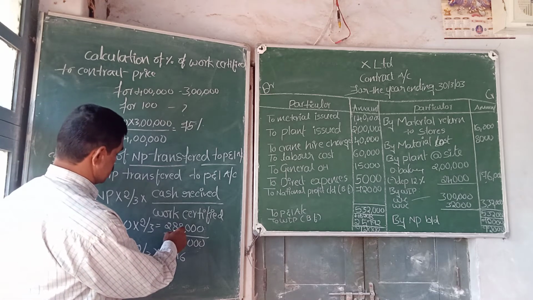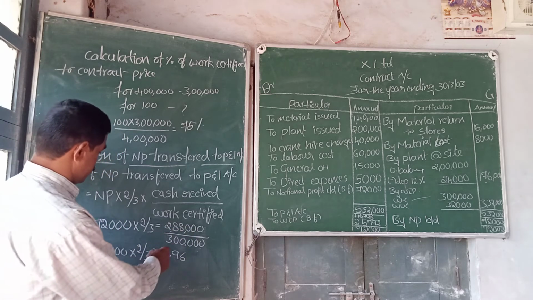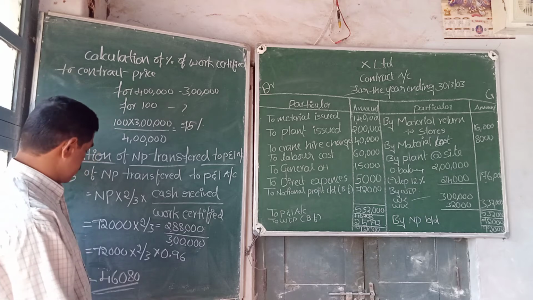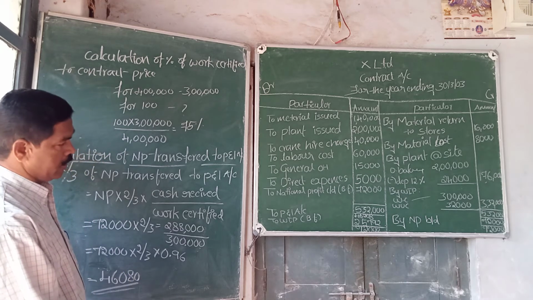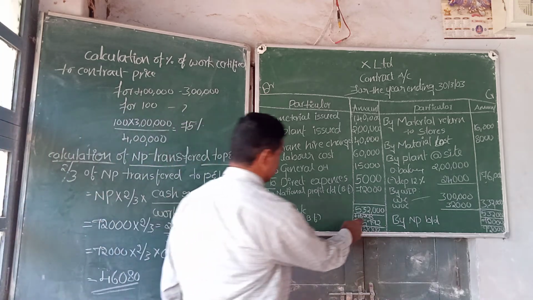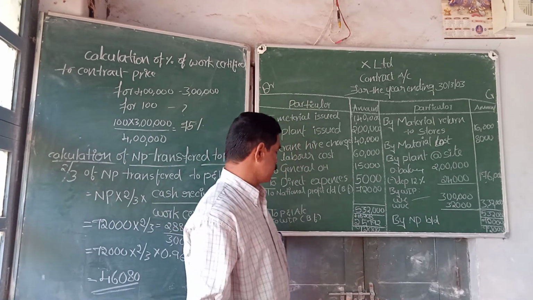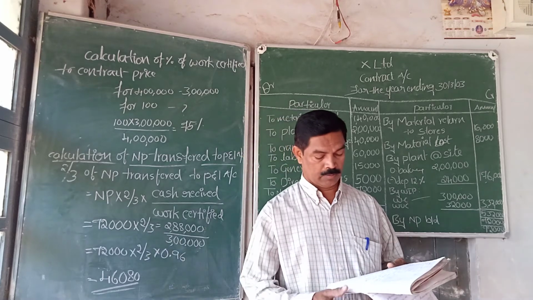Cash received is 2,88,000, and work certified is 3 lakh. So the answer is 46,080. So 46,080 is transferred to the profit and loss account.